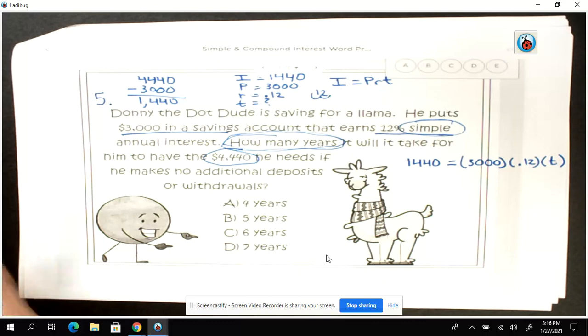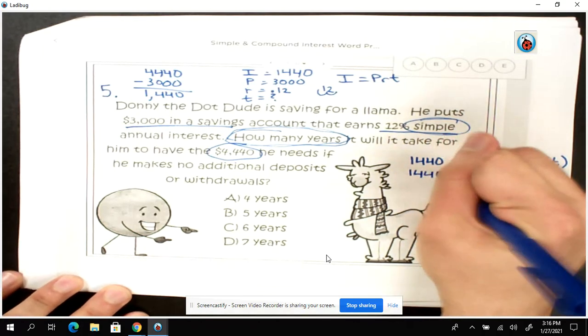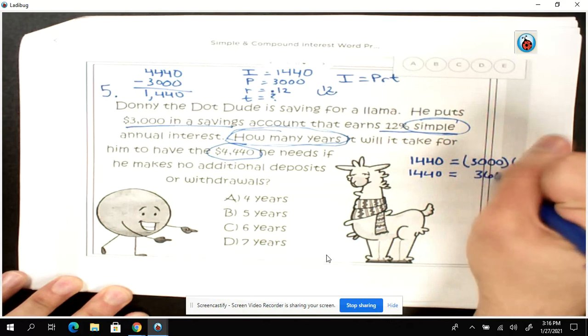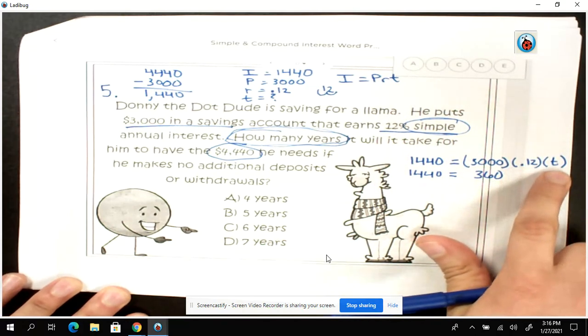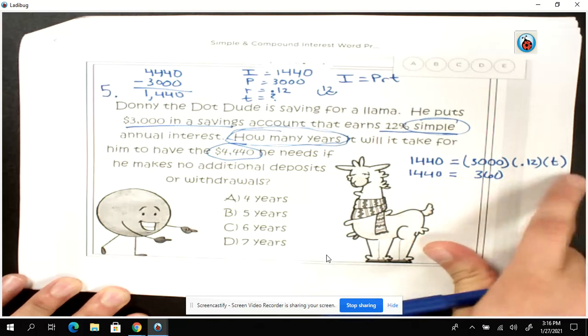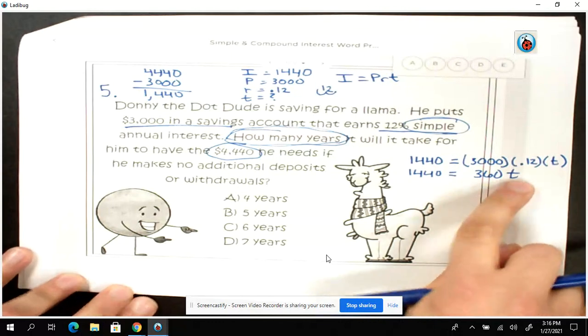So 3,000 times 0.12, I get 360. So we rewrite this as 1,440 equals 360, because that's what 3,000 times 0.12 is. We still have that t, so we multiply our new number by t, which we can write as a coefficient: 360 times t.